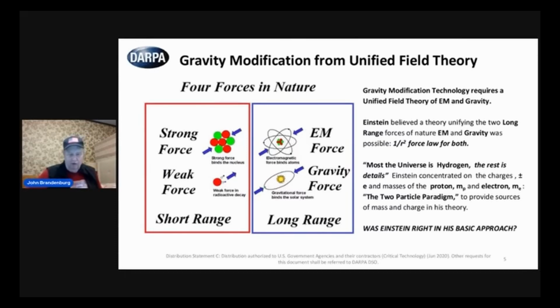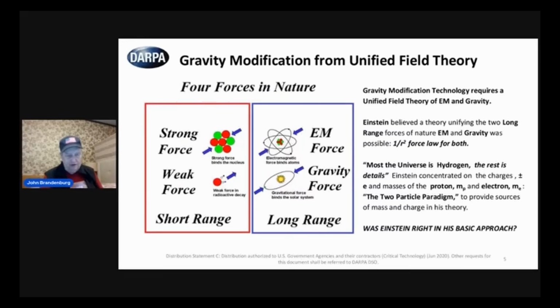Okay, we know we have four forces that we know about in the universe, the cosmos, that explain 99% of what we see in the cosmos. You can't ever explain everything. But there's the strong force that leads to nuclear power, nuclear weapons, nuclear reactors, fusion reactors. That's what lights the stars.